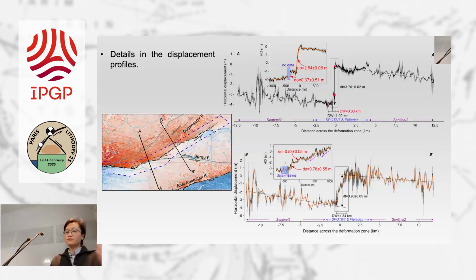Then we went back to check the displacement profiles, especially those profiles in the serpentinite region, trying to find more details about the deformation. So we first compare two profiles, one in regular rocks and the other one in serpentinite, as shown here, AA' and BB'. From AA', we can see quite a typical localized deformation with very well recognized steps.